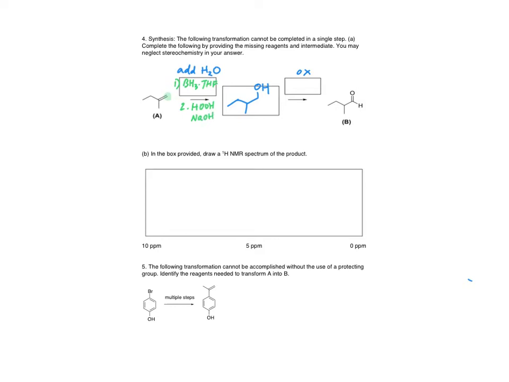Then when we think about what reagents we need to accomplish this oxidation, we want to use our less oxidizing reagents, our gentler oxidizing reagents. So one example that we could use here is pyridinium chlorochromate and dichloromethane.